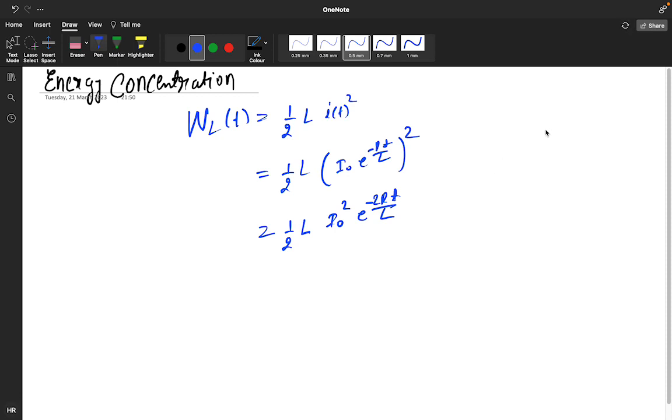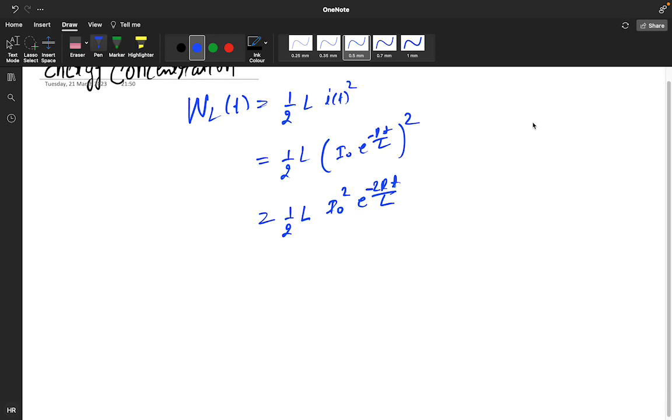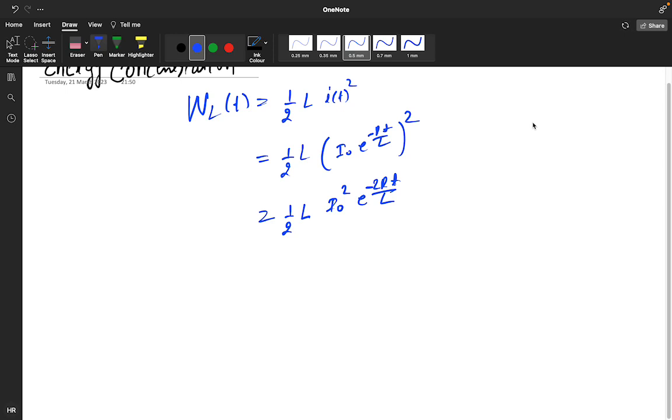Yeah, for this source free RL network, what is the time constant? Write it down, the time constant. See this e power minus t upon, we can write R by L as L by R. So this L by R is your time constant.